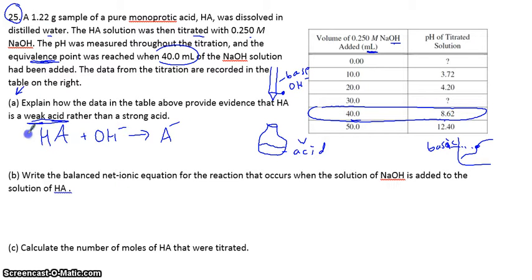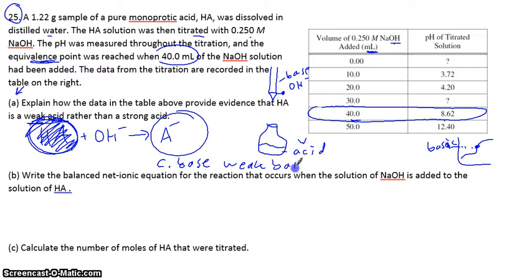After all this is titrated, you're left with a bunch of A-, which is a conjugate base. This being a weak base gets you a pH above 7. The pH is greater than 7.